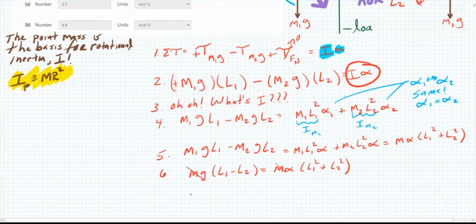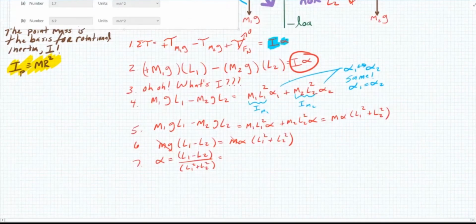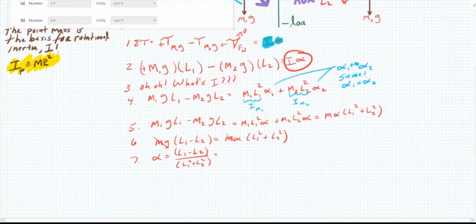Let's get an expression for alpha. Alpha, look how simple this looks. It's L1 minus L2 in my numerator, divided by L1 squared plus L2 squared in my denominator, unless I made a mistake. But if I didn't, let's get a value for angular acceleration. That's not our final answer. We have to do birth of a radian to get the final answer.